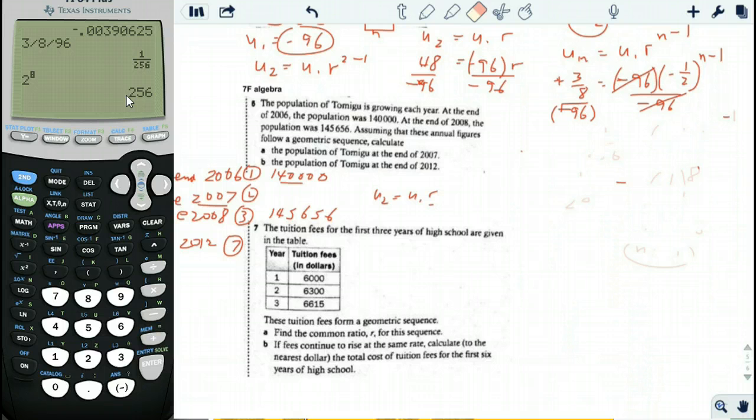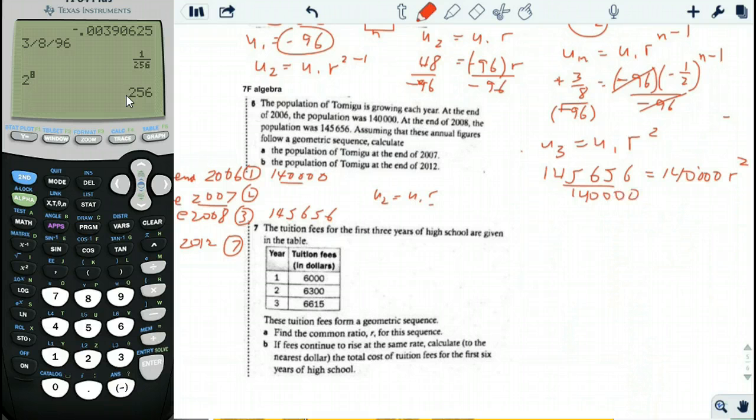But we can figure it out because we do know the value for u3. So we could say u3 equals u1 times r to the n minus 1, which is 3 minus 1, r squared. And we'll put in 145,656 equals 140,000 times r squared. And then we'll divide both sides by 140,000. And we'll get r squared equals, and then we'll put it in our calculator.